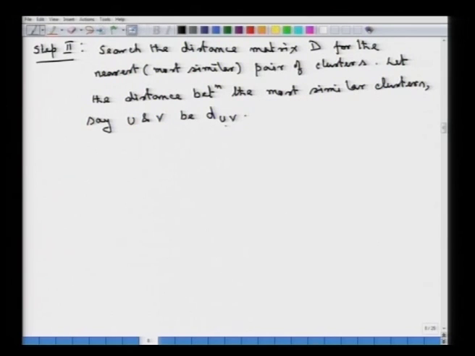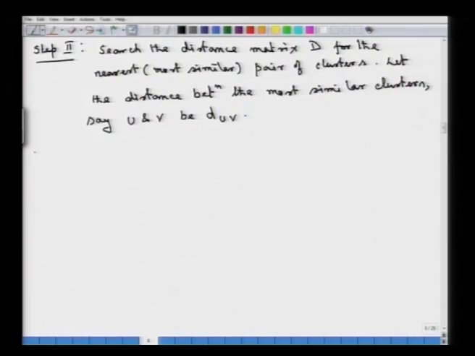So, this duv is the distance which is the smallest, and hence we will merge the clusters u and v together to form a new cluster. And since we have merged u and v, from n clusters we will now have n minus 1 clusters, right. So, suppose that is this.